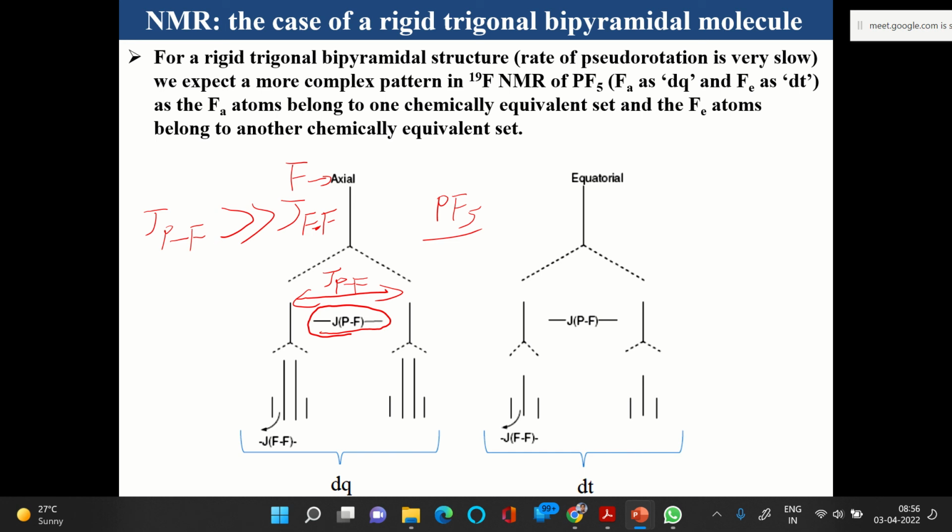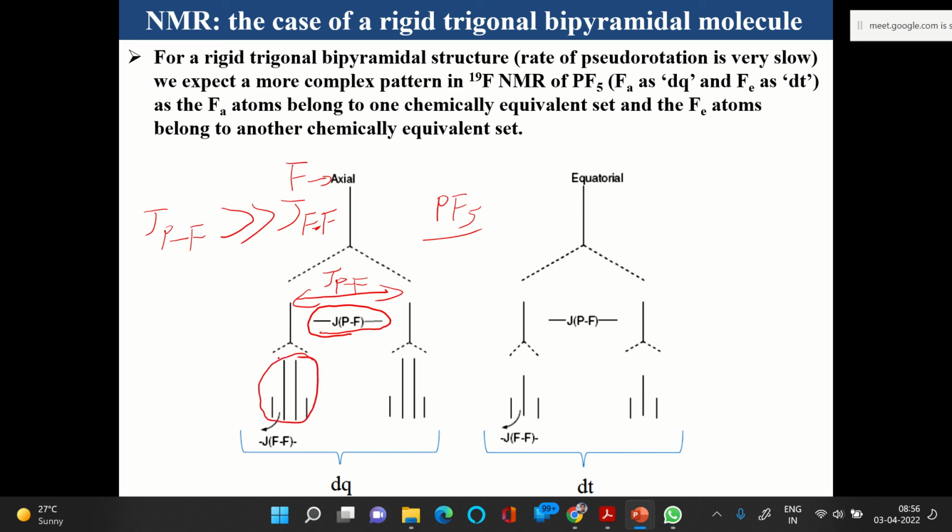So if you are considering a rigid molecule, there are two axial fluorine atoms which are equivalent, and they are interacting with three equatorial fluorines. So splitting will occur and you will obtain a quartet.